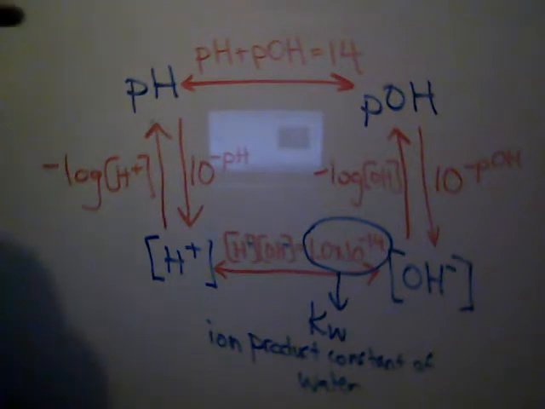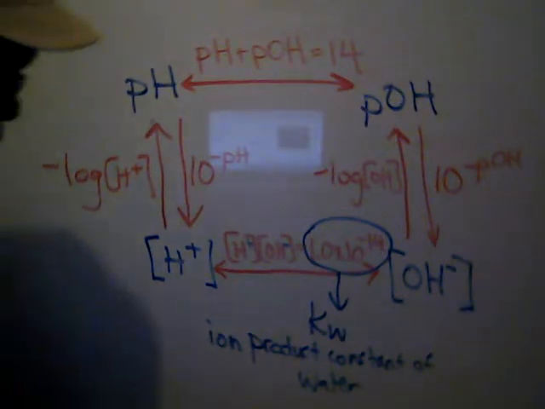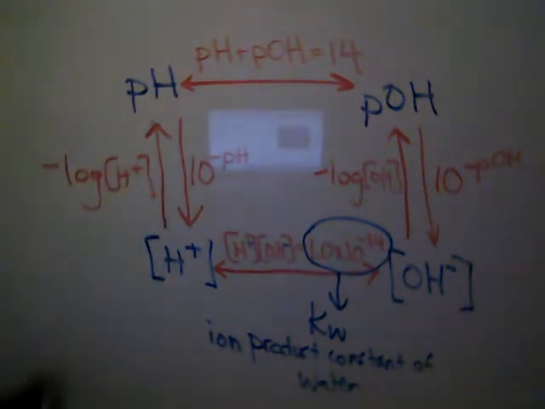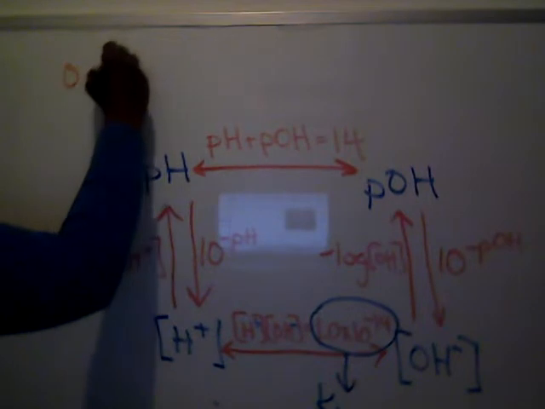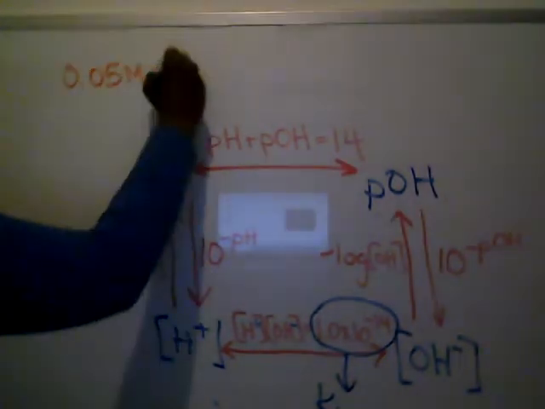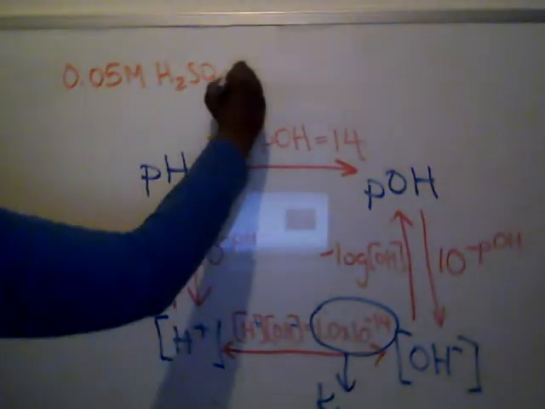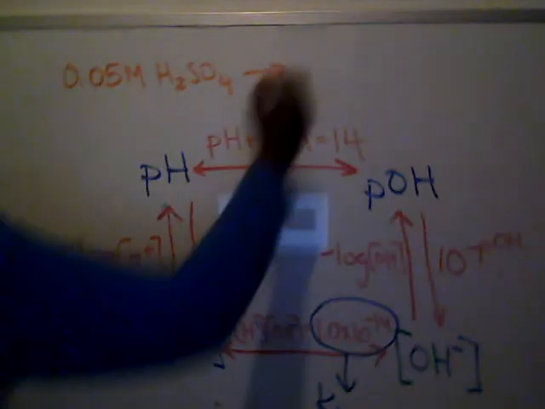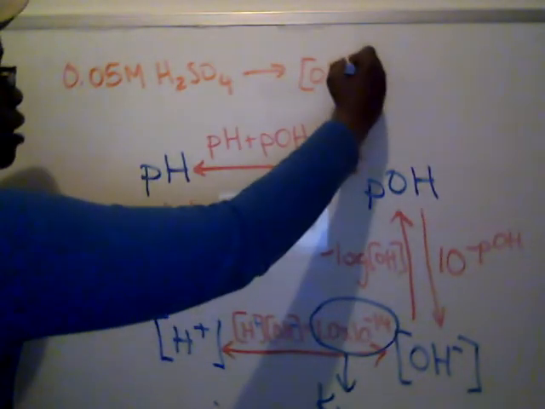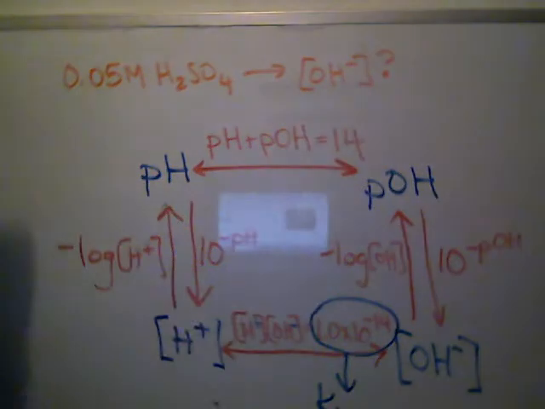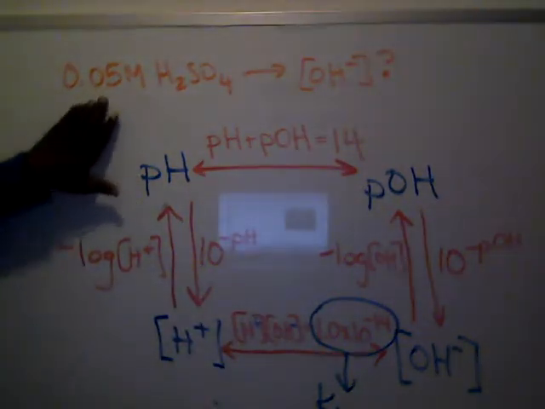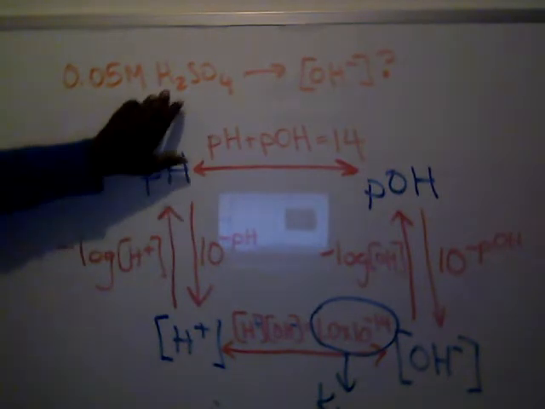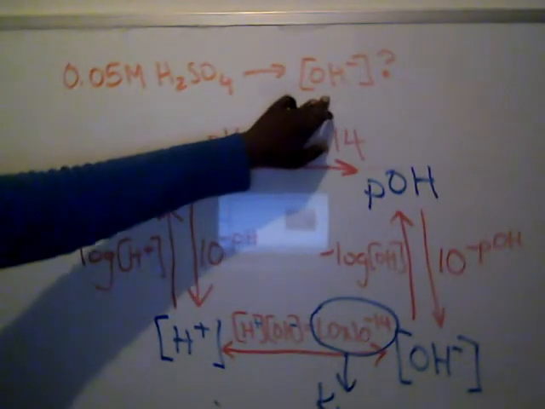Okay. So let's say, for instance, you are given a problem that says something like this. Let me write it up here. Okay, so not so many words, but let's say we're given 0.05 molar of sulfuric acid, and the question is how much hydroxide is in the mixture.